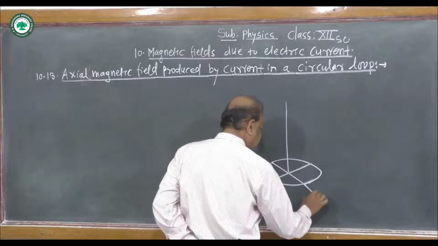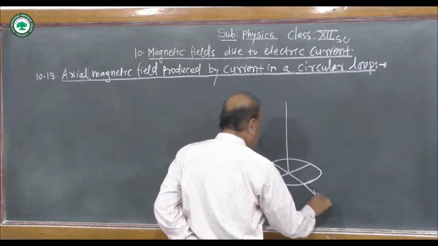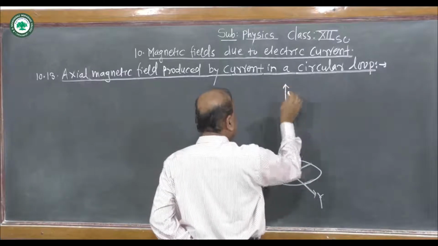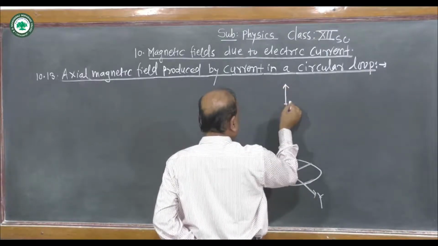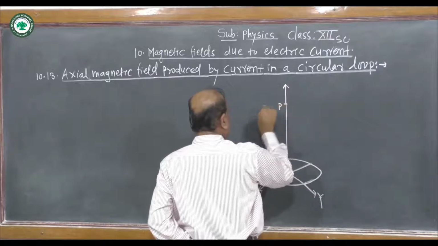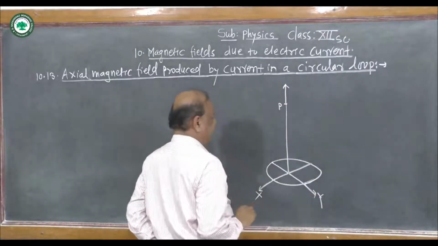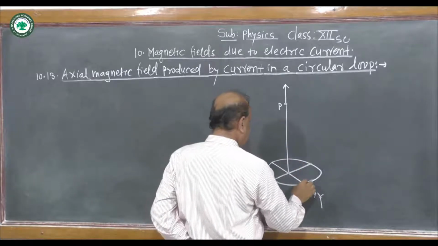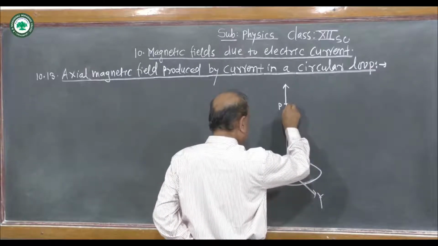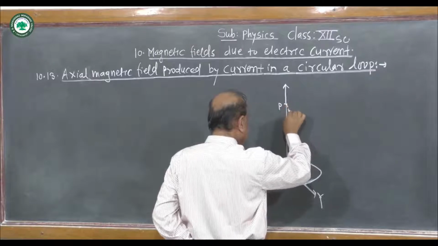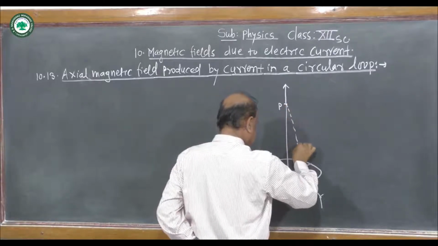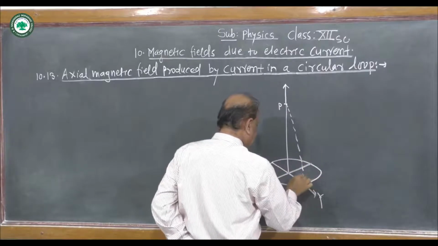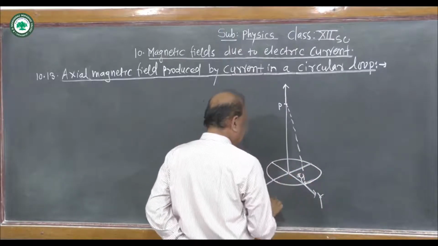This is the X, Y and Z axis. Now we have to find the axial magnetic field at point P here. Now the distance of this angle is theta.